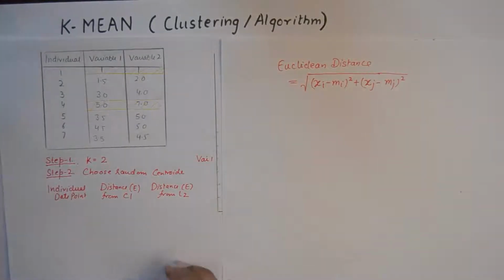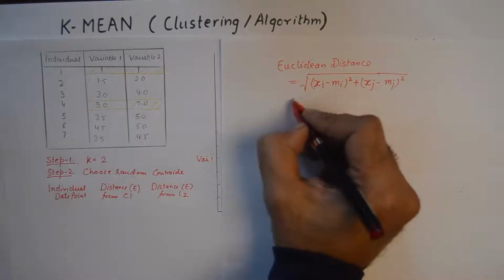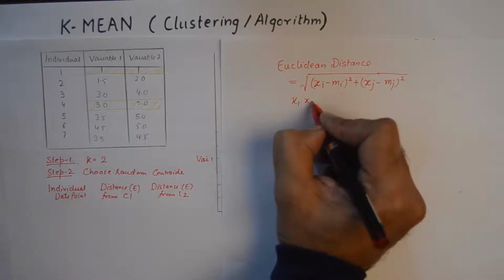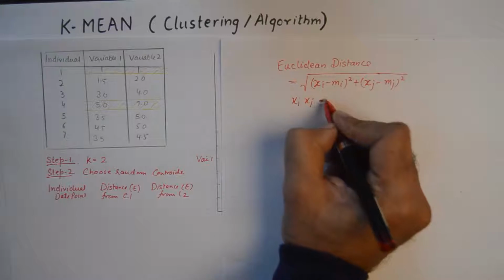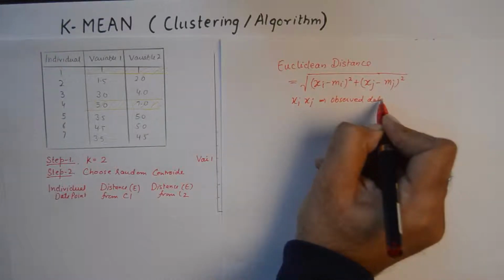So we'll start calculating the Euclidean distance of all the data points from the centroid using this formula. Now in this formula, xi and xj are the observed data points.